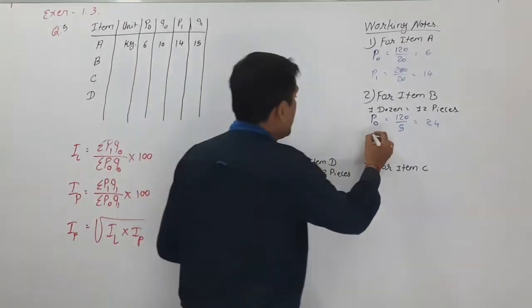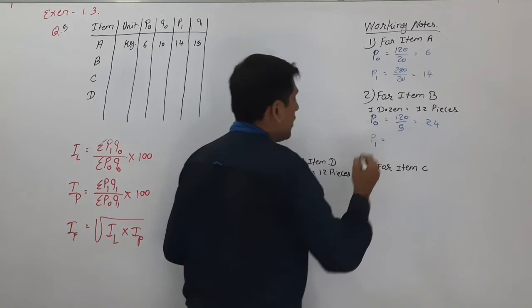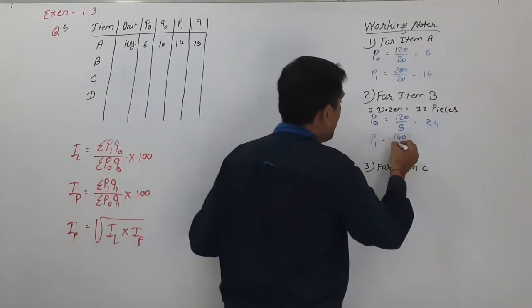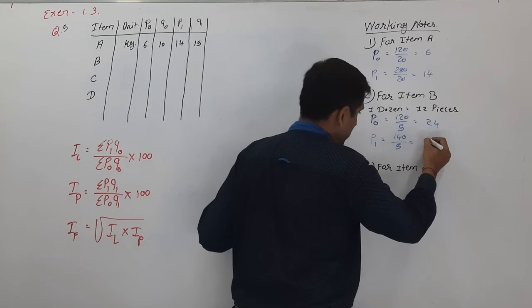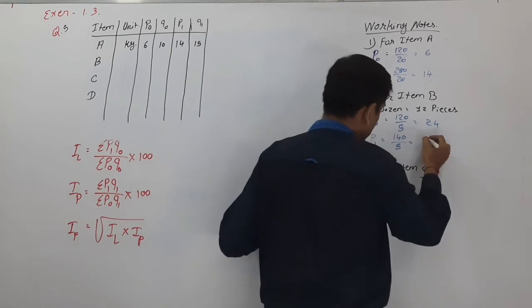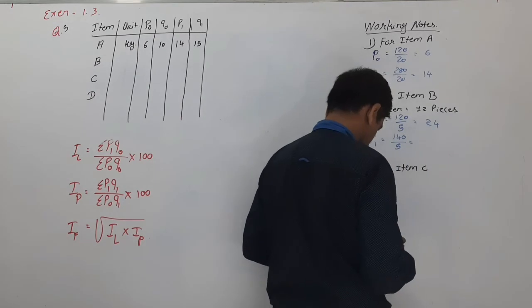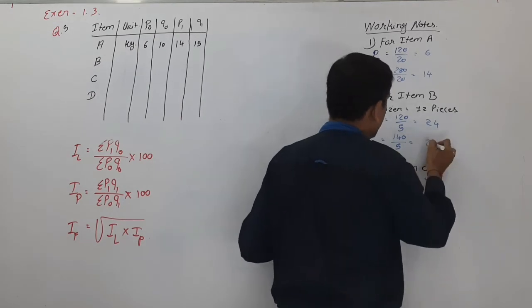Then P1 is 140. What is the price of P1? 140 divided by 5, that is 28.